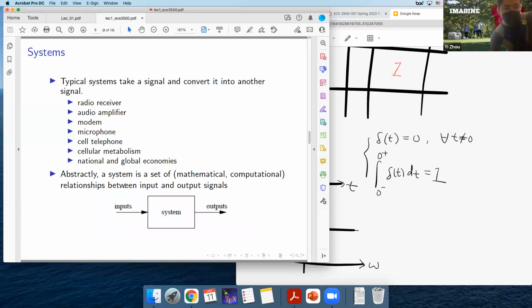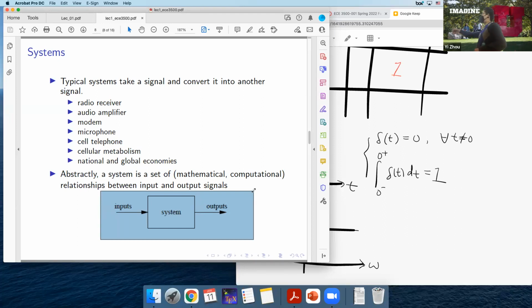When you make a phone call, you will receive some electromagnetic signals over the air. Those signals go into the system, which decodes the signal and translates it into audio signals, into sounds. Then you can hear those sounds from the output side. So this is a very standard system.